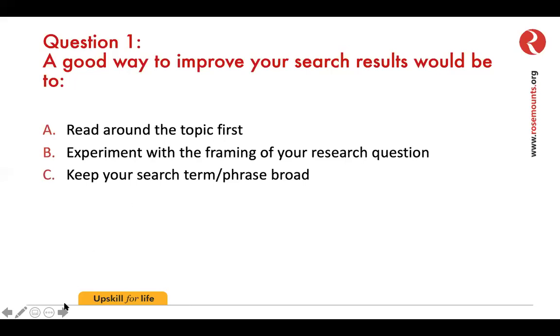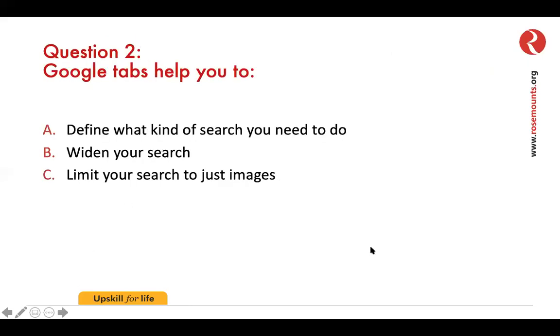So question 2. Google tabs help you to define what kind of search you need to do, widen your search, limit your search to just images. A, B, or C?